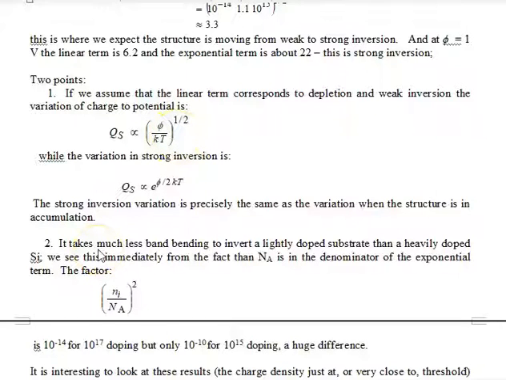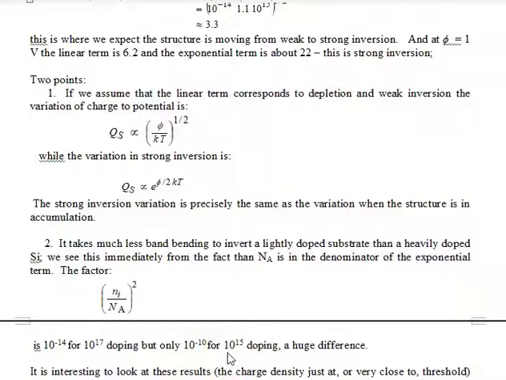And the second point, which is a little bit less obvious, is it takes much less band bending to invert a lightly doped substrate than a heavily doped substrate. Of course, we know that. That's been something we've said a number of times in the past, and we can see that by this factor right here. It's 10 to the minus 14th for a doping of 10 to the 17th, but it's only 10 to the minus 10th, 4 orders of magnitude less, for a doping of 10 to the 15th.